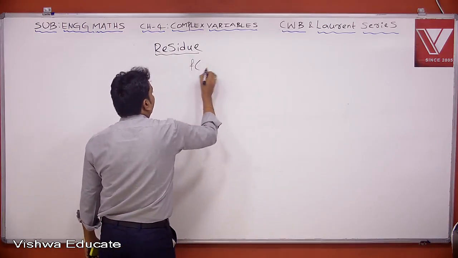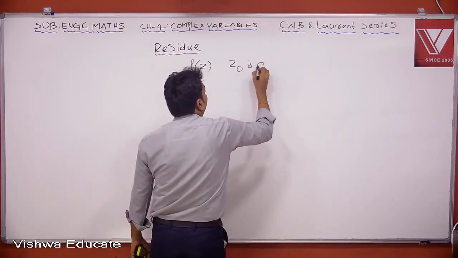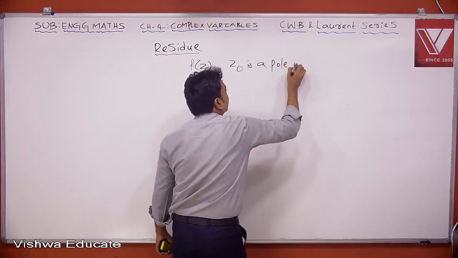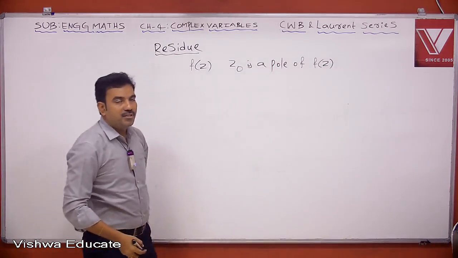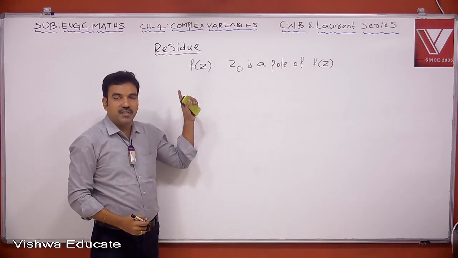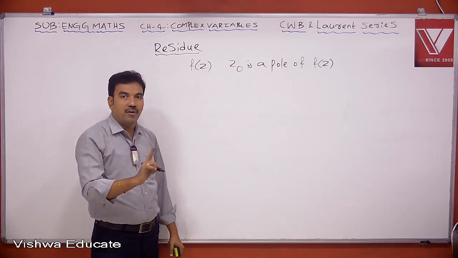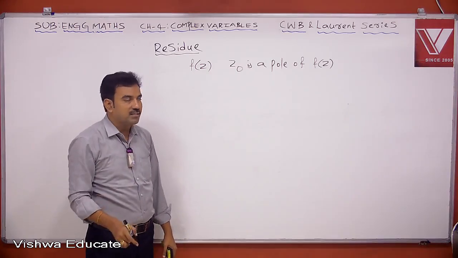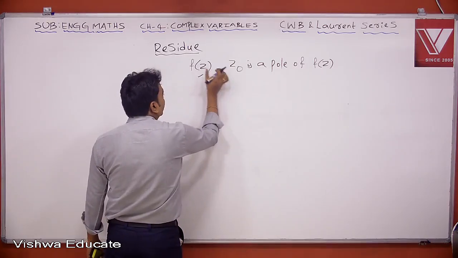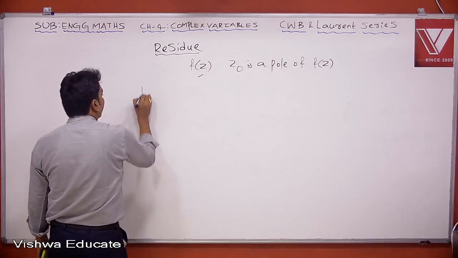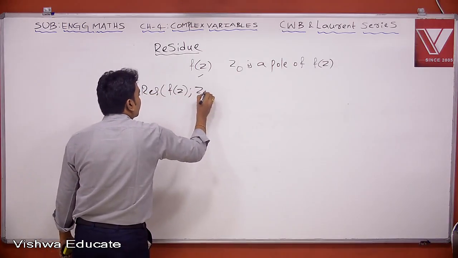Suppose we have a function f(z) and z0 is a pole of f(z). Pole means when you go through the series expansion of f(z) about z equal to z0, it must have at least one term of the form 1/(z minus z0), right? Now, my target is to get the residue of this function at this pole, and that we denote as Res(f(z); z0).